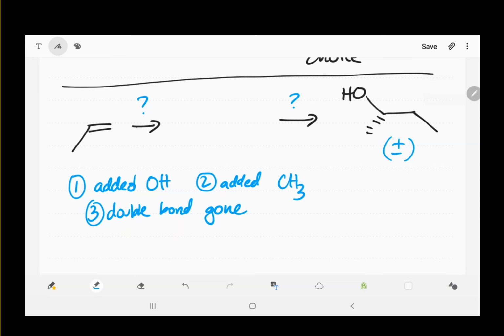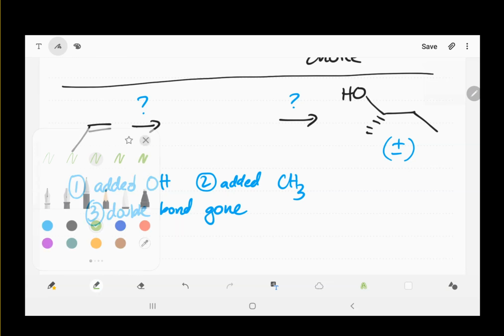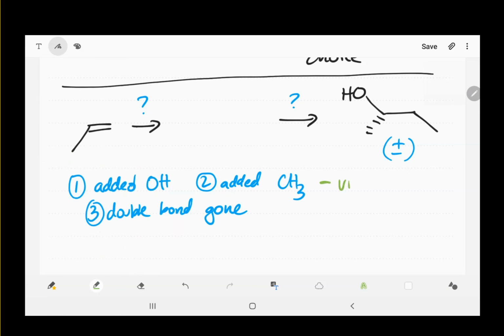So I've added now an oxygen and a carbon to this molecule. And so we see that, okay, notice that these two, by the way, are also vicinal to each other. So that means they are one carbon away from each other, right?